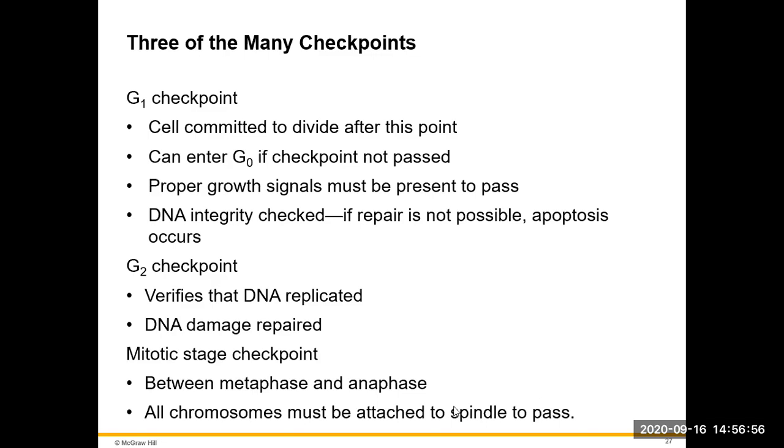If there is a chromosome that is not attached to a spindle fiber, then this checkpoint might tell the cell to stop going through the cell cycle, because there will be a genetic abnormality if there is a chromosome that's not attached to the spindle.